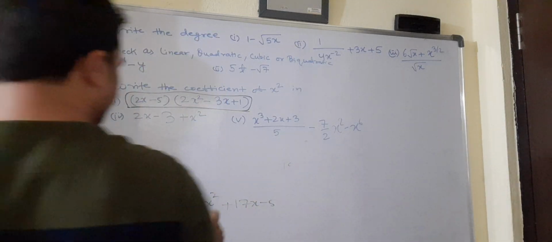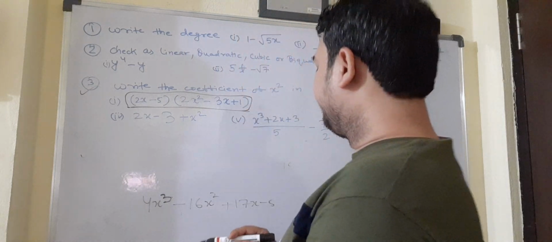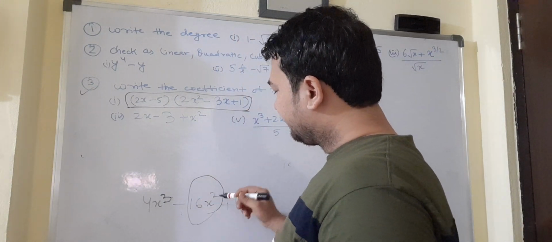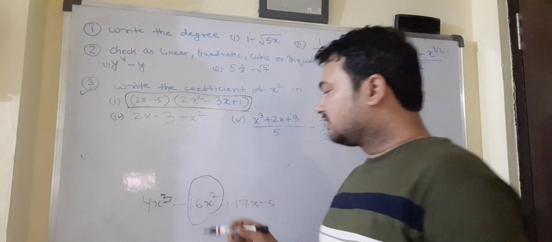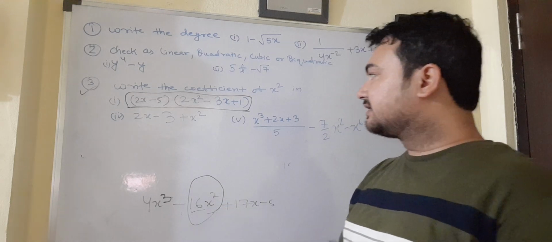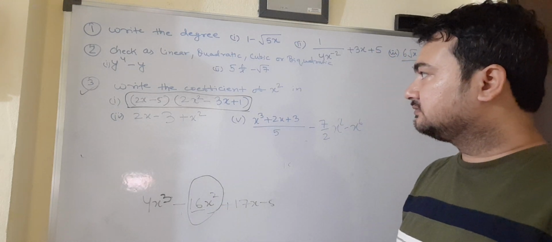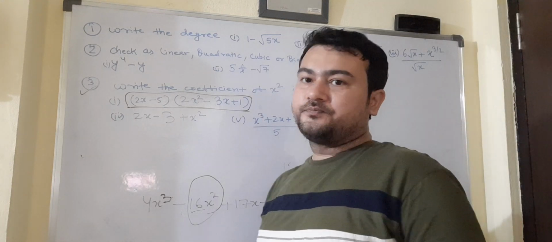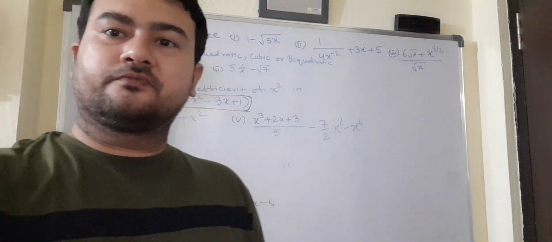Now see, if you have any term containing x square, what is the constant value associated with it? It is 16.